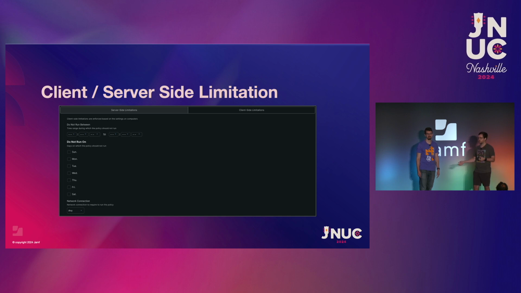We only want to notify them on Friday. So we would have a silent policy that would run only Monday through Thursday, and then we would have a policy that would prompt the user only on a Friday. Or we don't want certain policies to execute during working hours, only during off hours, or vice versa. So this is something that we actually use quite often, and it has really helped us in our environment.